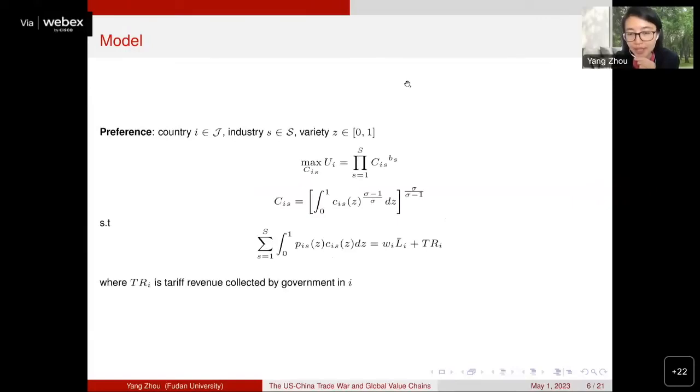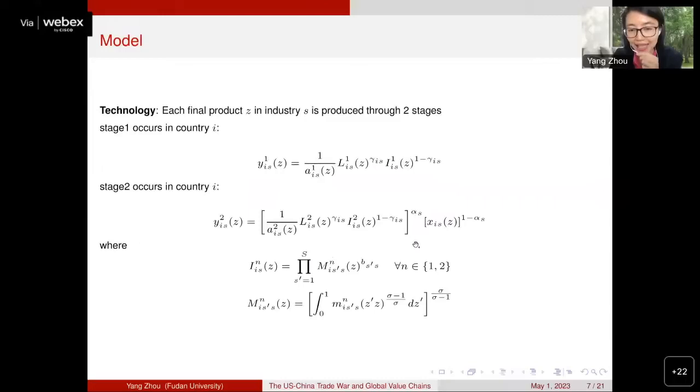So the B_S here is the final consumption expenditure share from a particular industry S. And this B_S'S captures the input-output linkages, so it's like the destination industry's import share from a particular sourcing industry. But other than that, the format is the same as the utility function.